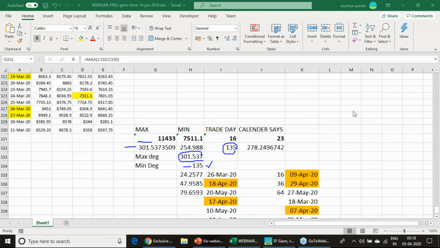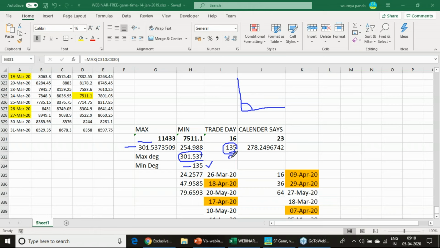So now our second formula to find out three numbers in 135-degree trend line. This also I have told you. In a price time chart, when you look into, this is a 90-degree chart. Price time chart is a 90-degree projection. So how can you draw a 135-degree trend line?